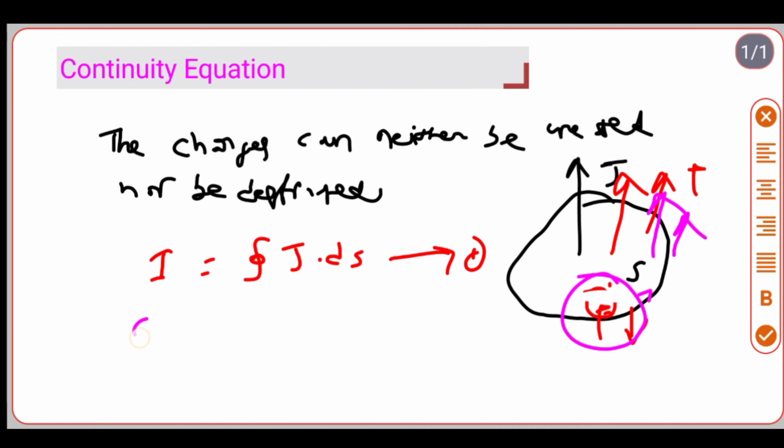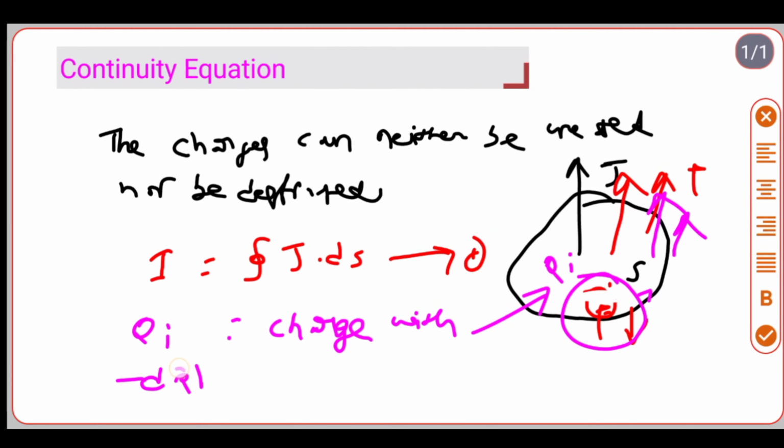Due to the charge moving out of the closed surface, let Qi be the charge within the closed surface. Minus dQi by dt is the rate of decrease of charge inside the closed surface.